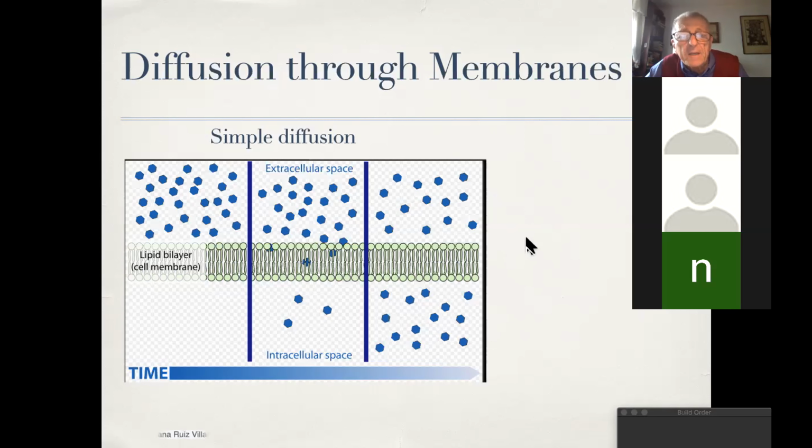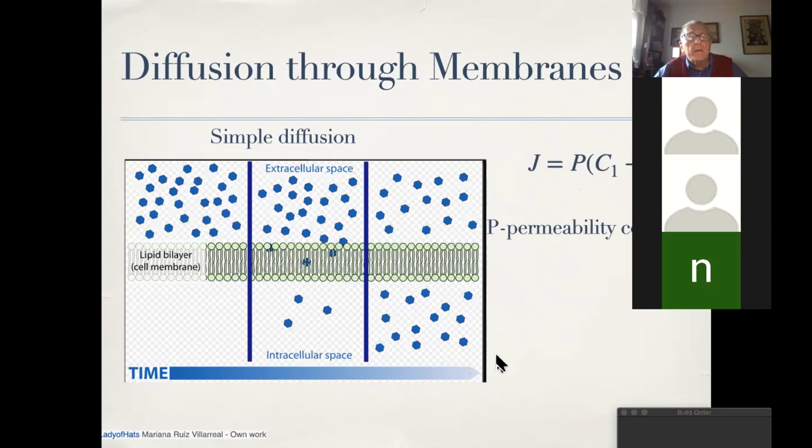When this is happening, the important thing is that the diffusion flux is proportional to the concentration on both sides of the membrane, and the coefficient P is called the permeability coefficient. So that is basically a very simple diffusion, but the diffusion coefficient is to some extent replaced by the permeability coefficient. The unit of a permeability coefficient, in contrast to the diffusion coefficient, which is centimeters squared per second, is just centimeters per second.